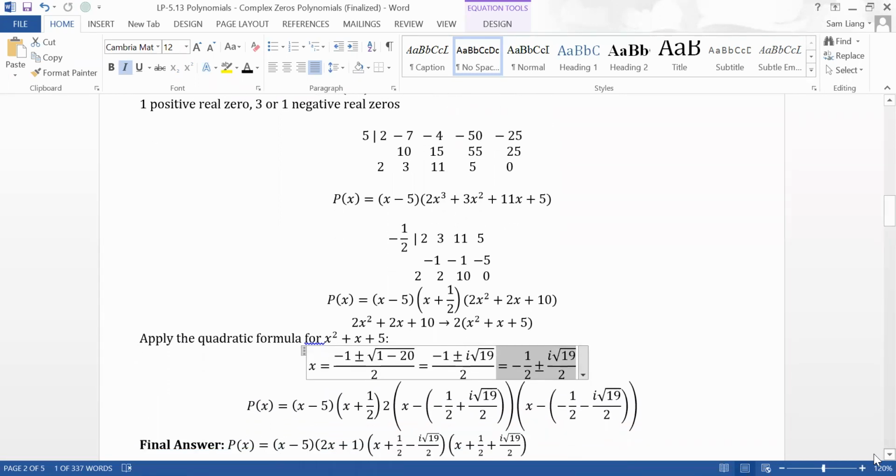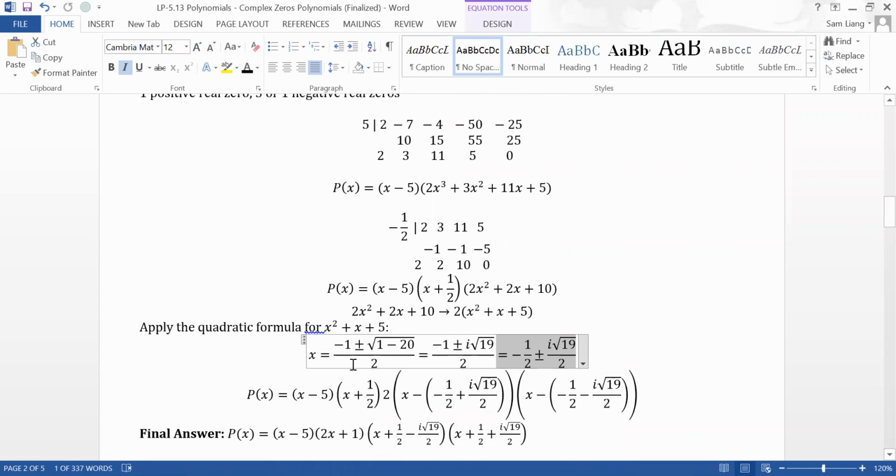Okay, this means that our polynomial can now be written as x minus 5 times x plus 1/2, right? Those are the original two. And then 2 times x squared plus x plus 5, right? Here I had the 2, but the x squared plus x plus 5 could be broken down as we saw, using these two zeros. So it's x minus the first zero of -1/2 plus i root 19 over 2.